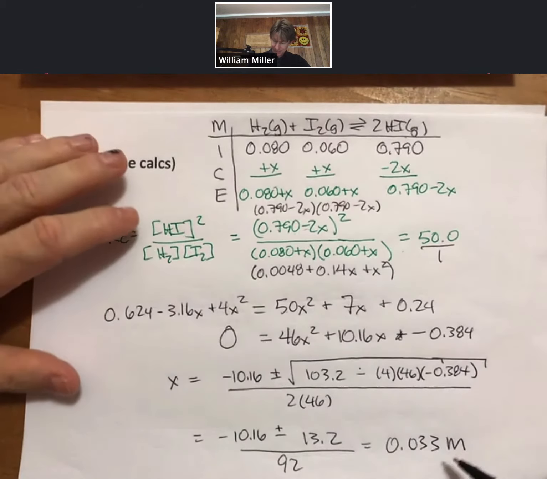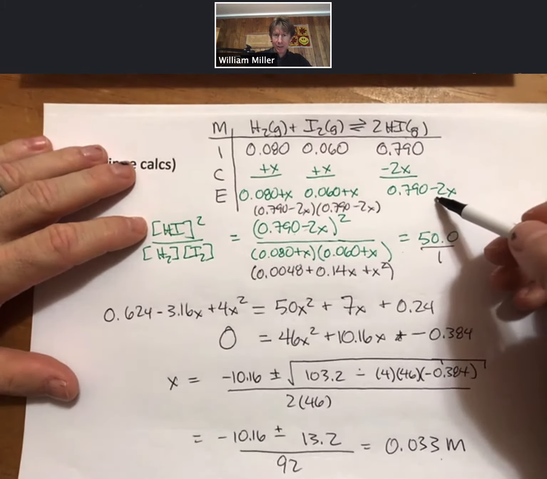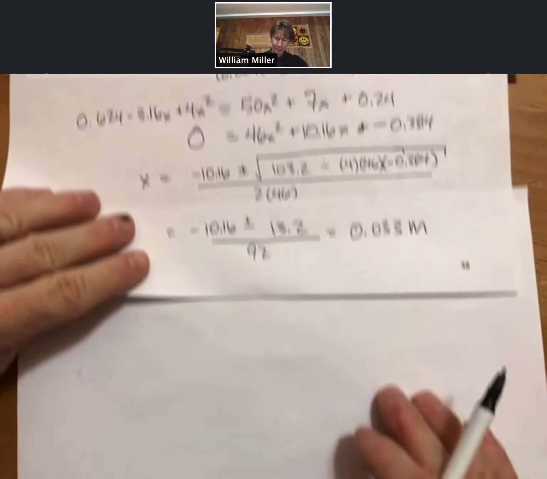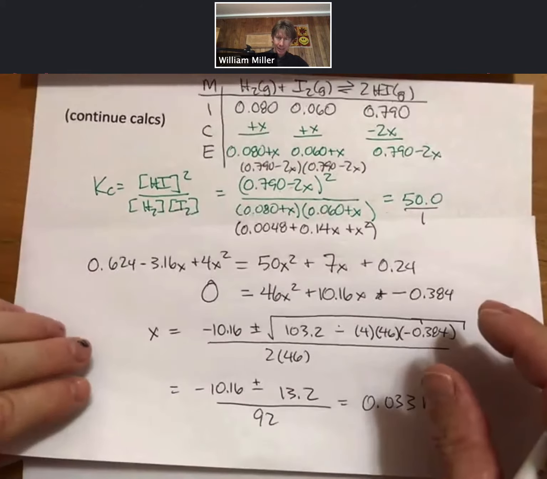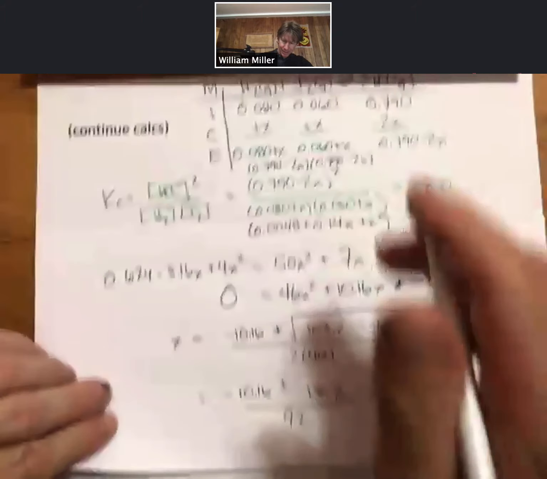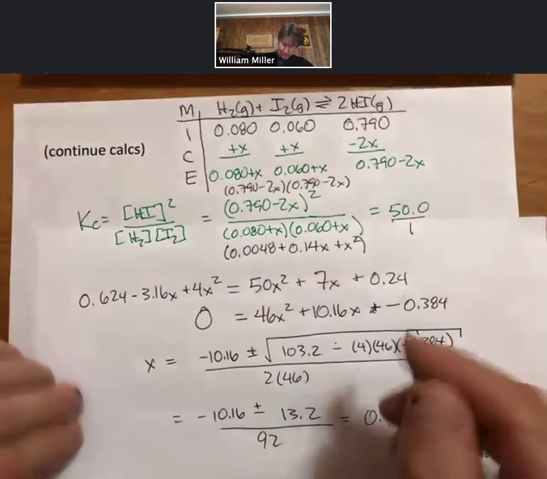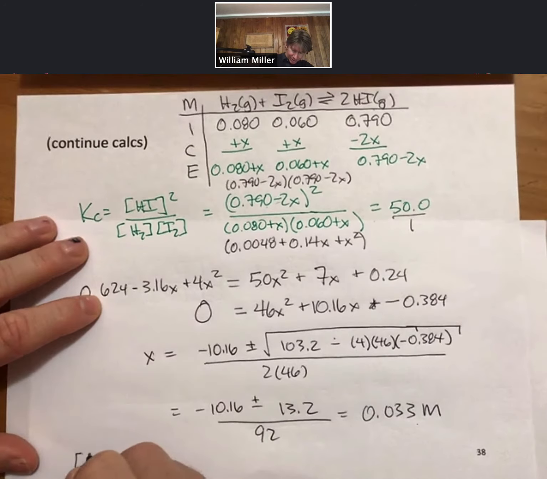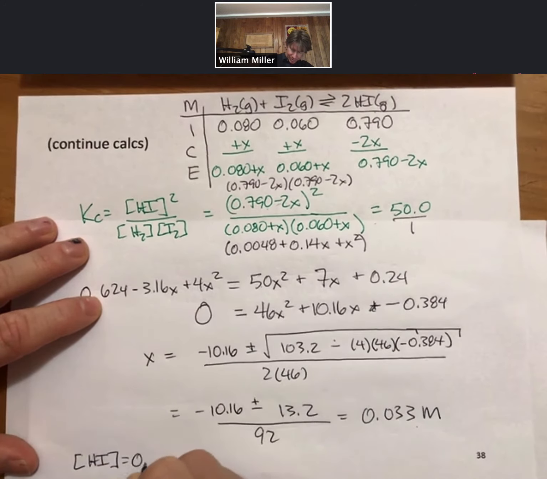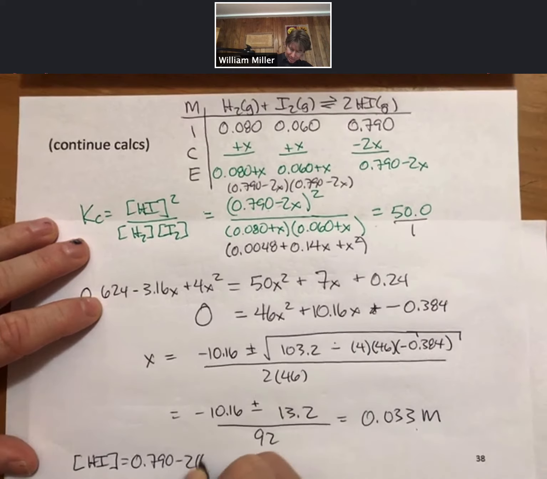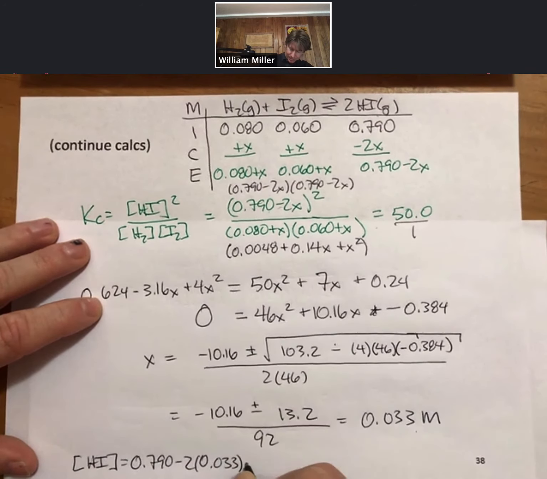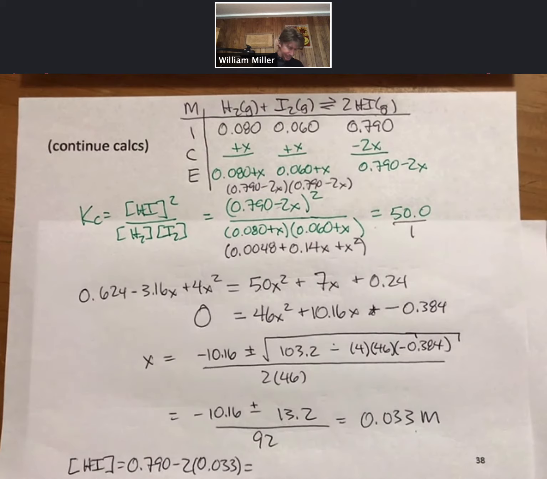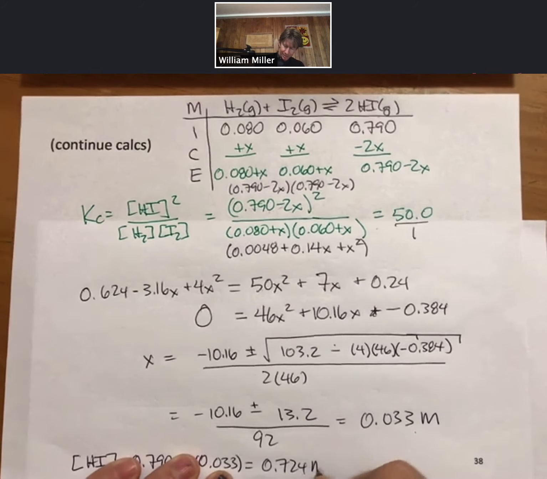So I now know my x. I can go back and plug it in. I'm going in overtime here. So let's see. Well, I think I can fit this in. We have concentration of HI equals 0.790 minus 2 times 0.033, 0.724 molarity.